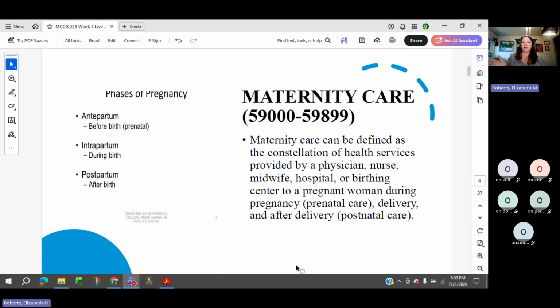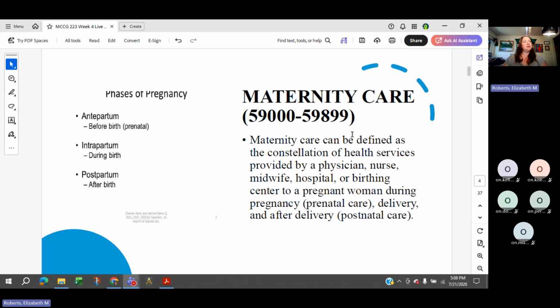However, those obstetric, maternity care services are all going to be obstetric services. So pay attention: if it's a D&C, a dilatation and curettage, is it for obstetric reasons or for non-obstetric reasons, for example?